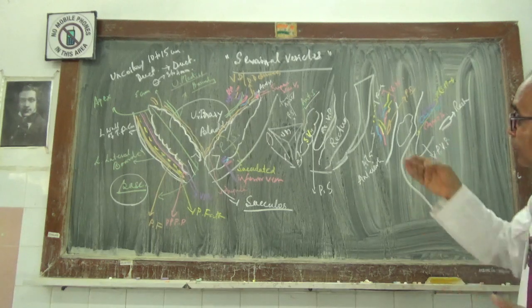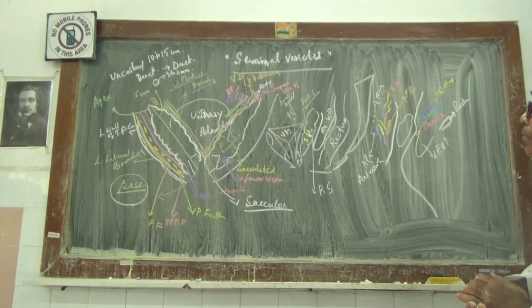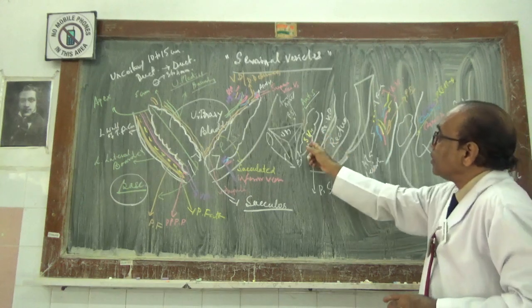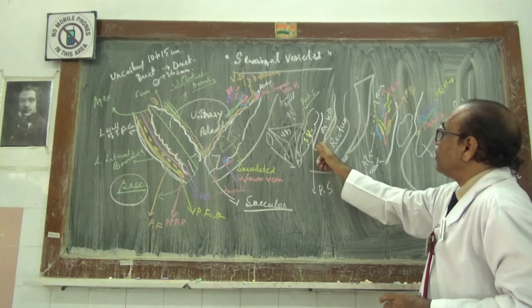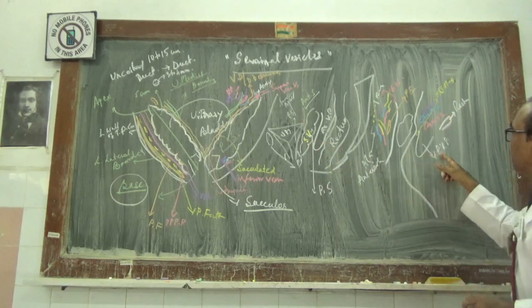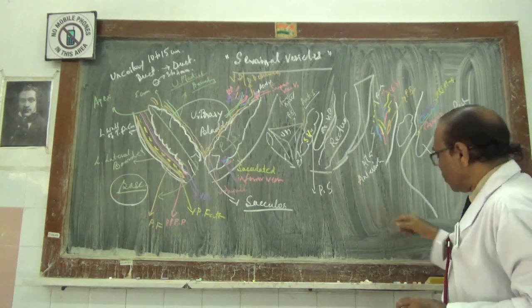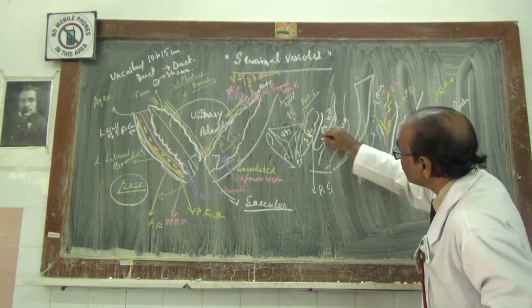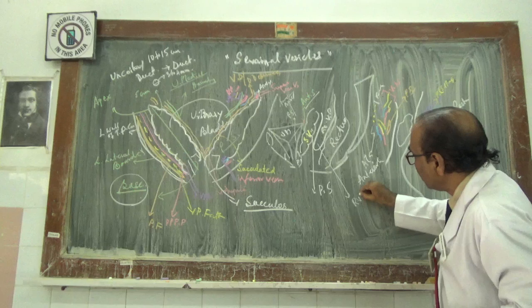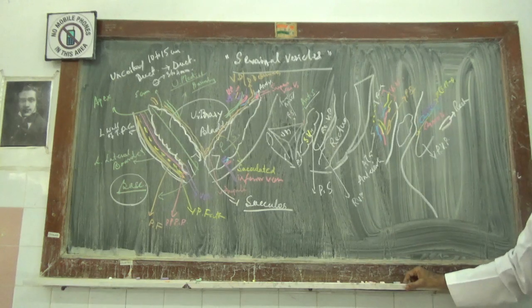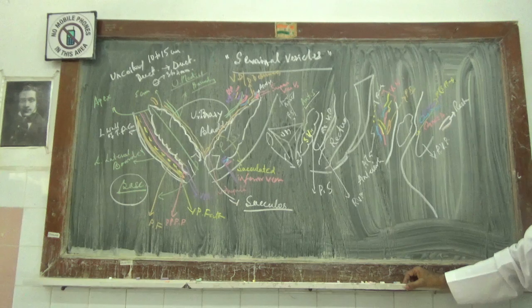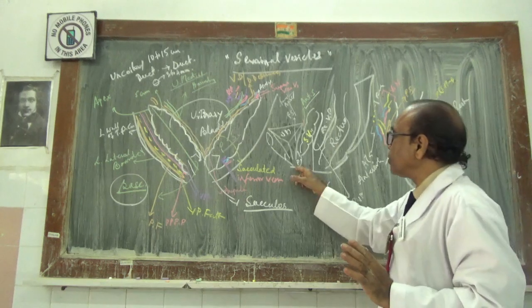Now the peritoneal relation of the seminal vesicles: there will be the retrovesical pouch. So this is the pouch, the retrovesical pouch.